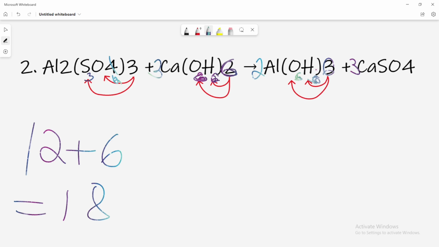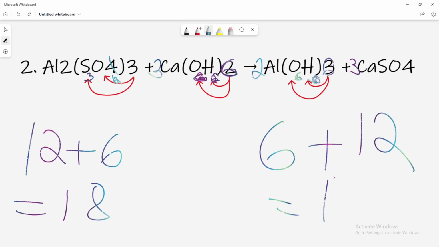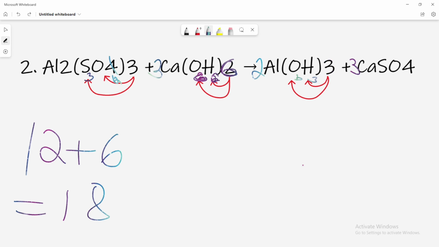Then H is the same. Because of that, the O6 right here plus 3 times the O4, that's 12. That equates to 18. And the oxygen atoms are now balanced and equal.